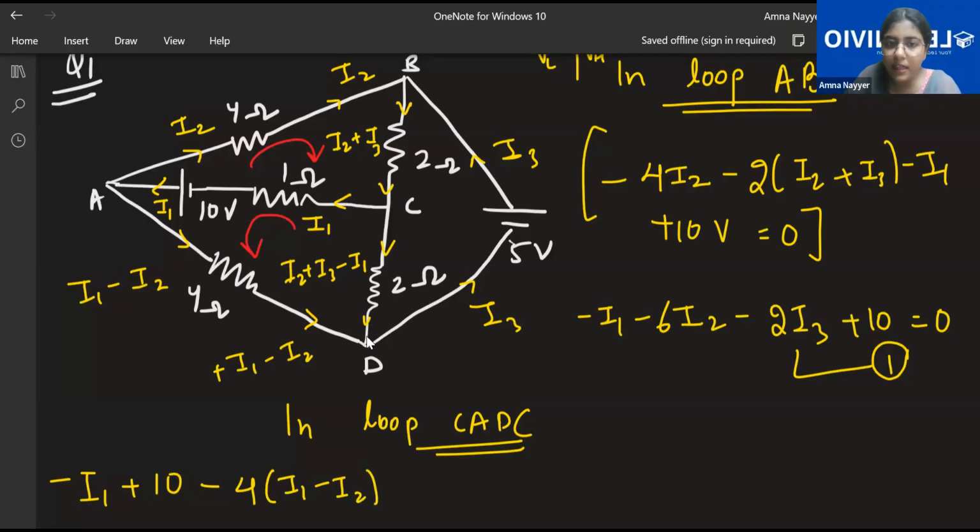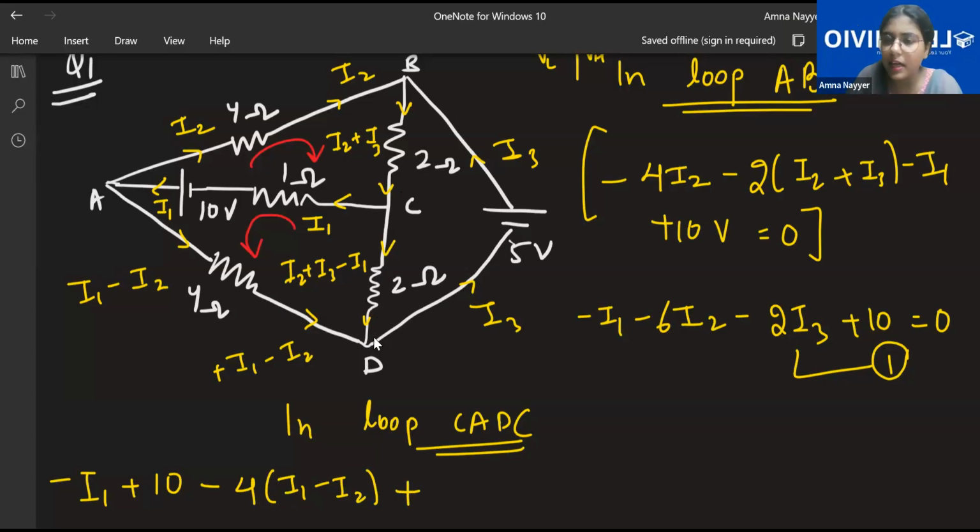Then we are moving from D to C, right? That's how we are moving anti-clockwise. Now D to C: current is coming from C to D, while we are moving from D to C. This is the opposite direction, so here we'll put a plus sign. That's what we have studied. Before this, everywhere we were moving along the direction of current.